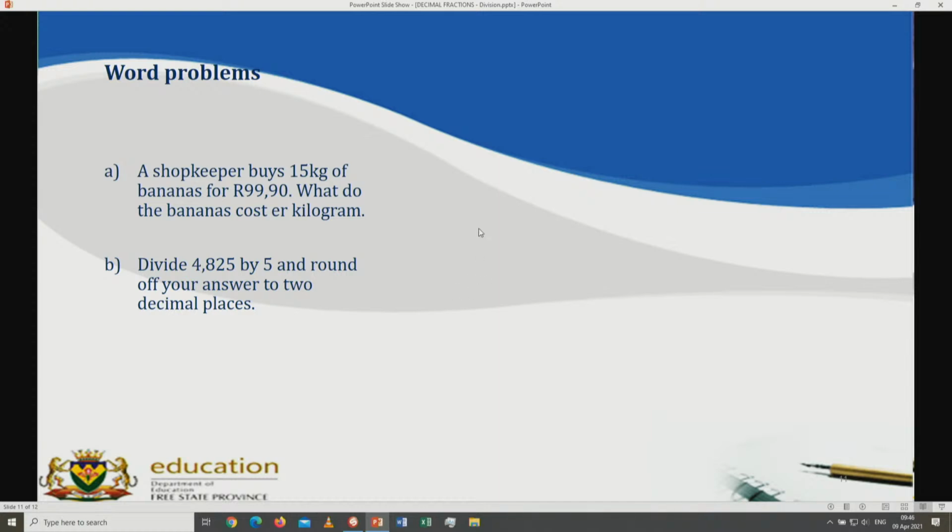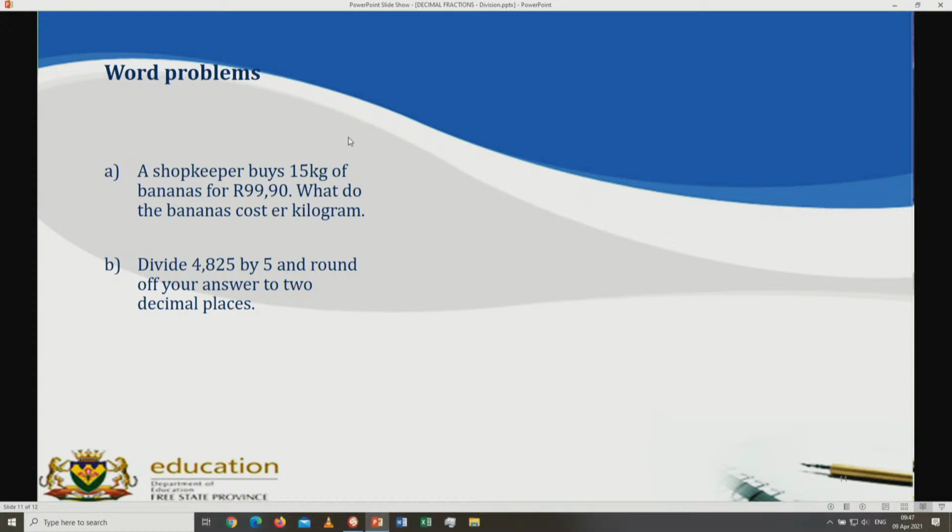Now we are looking at a shopkeeper who buys 15 kilograms of bananas for 99 rand 90. What do the bananas cost per kilogram?